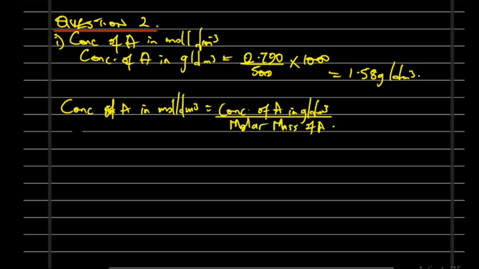We already know the concentration of A is 1.58 grams per dm cube.